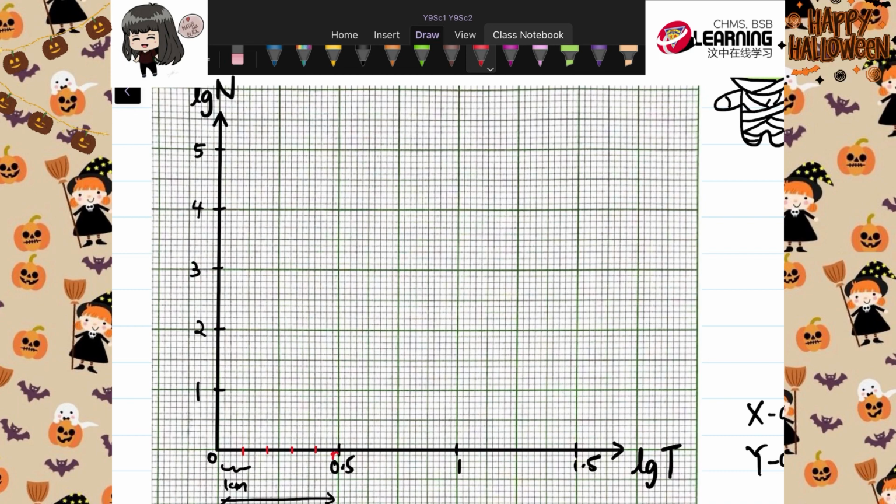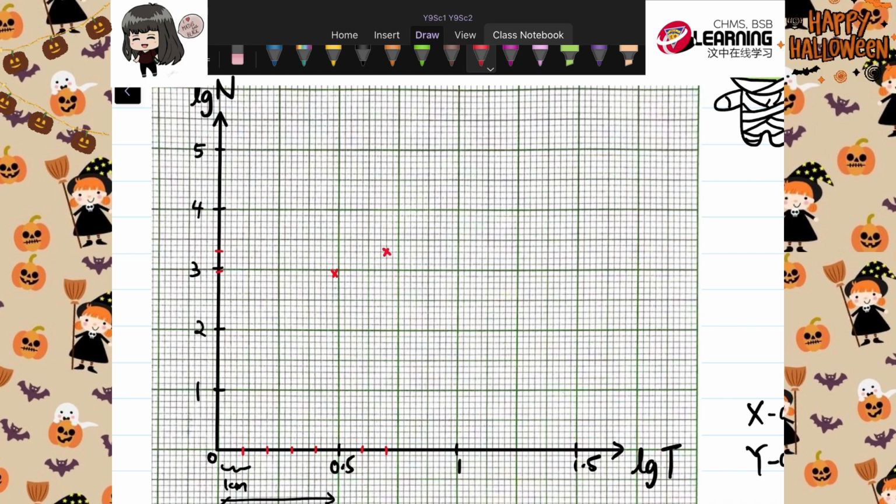So 0.48 to 2.95. 2.95 is somewhere here. Right, 2.9 is here, 2.95 is here. And then 0.7, so 0.6, 0.7 to 3.30 is here.